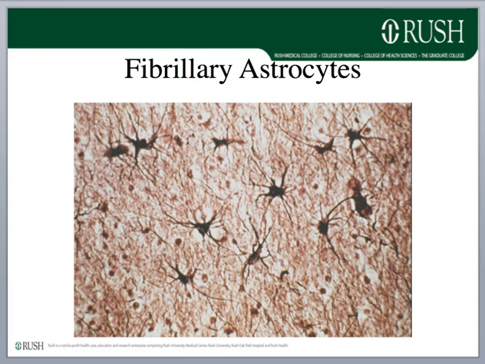These are the normal fibrillary astrocytes, and it should be obvious from this special stain that's used to stain astrocytes why they're called fibrillary. The cell processes extend out, making connections to neurons, blood vessels, and other cells to coordinate the microenvironment and react to injury.